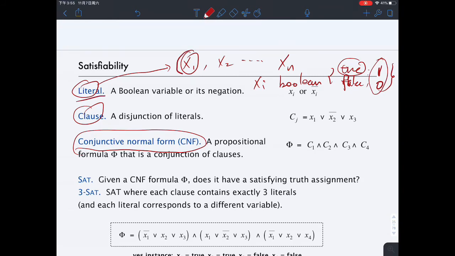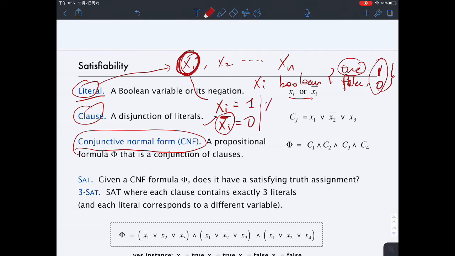Each literal is either a Boolean variable or its negation. Negation means that if xi equals 1, then the negation of xi would be 0. We write this with a bar on top of xi to reflect that this is a negation.